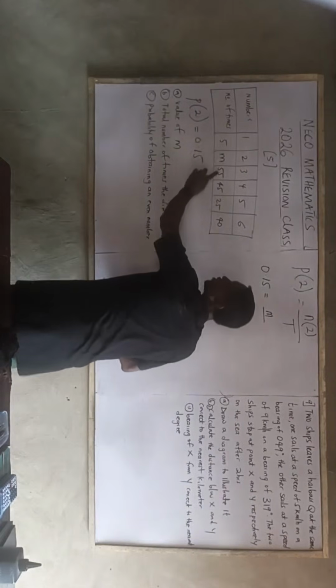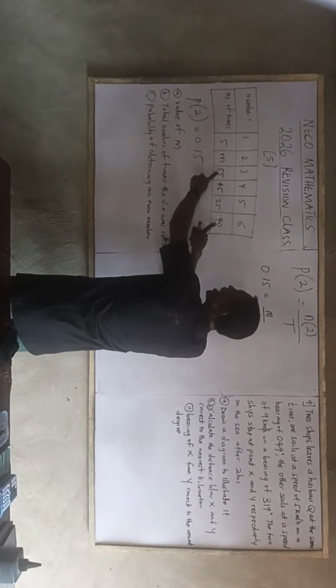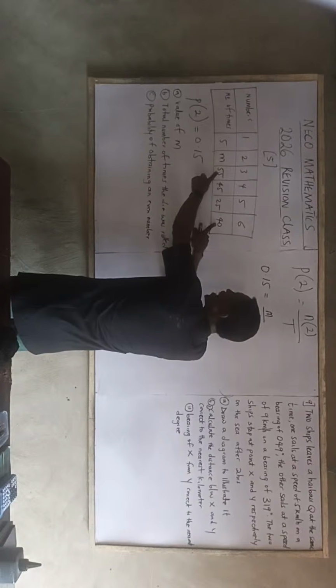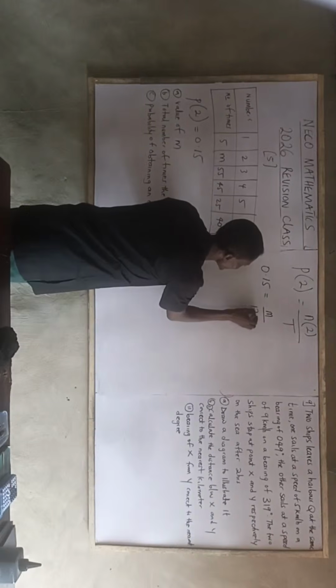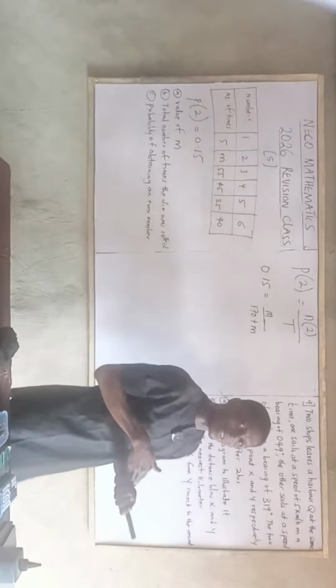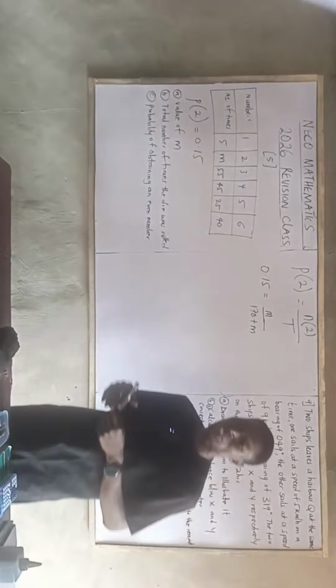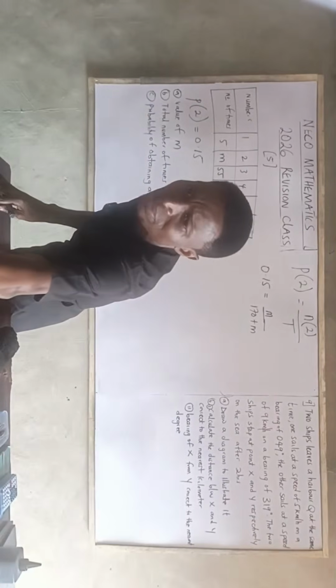So let's go: 5 plus 55 is 60. 60 plus 40 is 100. 100 plus 70 is 170. 170 plus m. Notice you can't add 170 plus m and say 170m. That's not addition, that's simply multiplication.